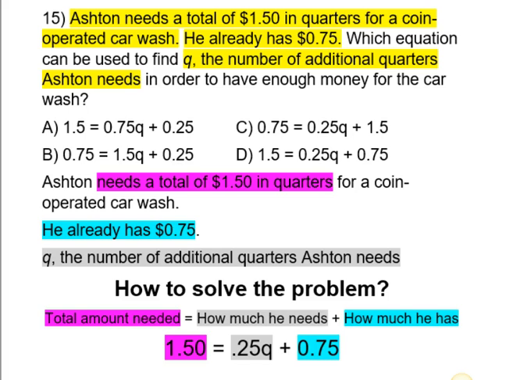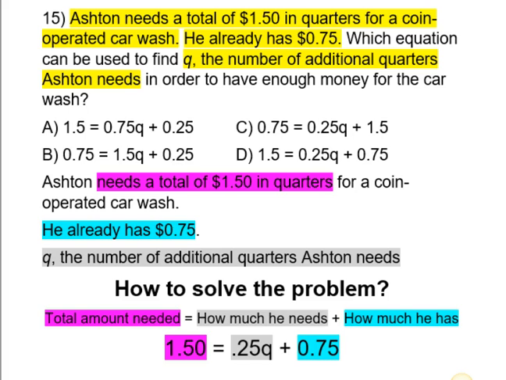How to solve the problem? We are going to take the total amount that Ashton needs and set it equal to how much he needs plus how much he already has. He needs $1.50 for the car wash. He needs a certain number of quarters, and because quarters are 25 cents, it's 0.25 Q, because Q represents the additional number of quarters he needs, and he already has 75 cents.